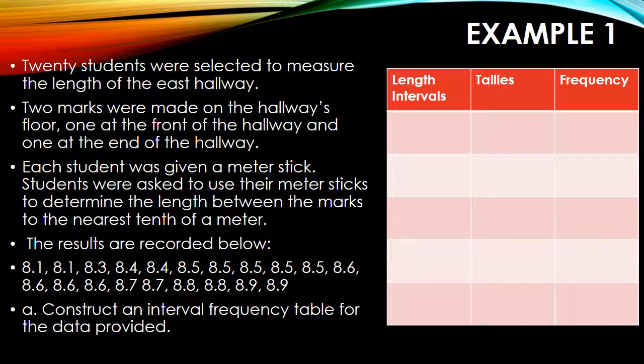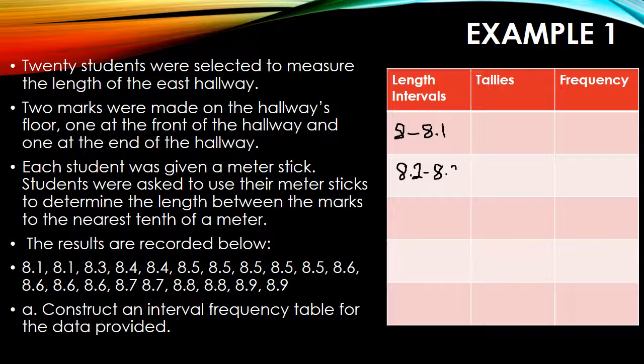So let's start by maybe starting with 8 to 8.1. So this is my first interval, all data points from 8 to 8.1. And then my second interval is from 8.2, because 8.2 comes after 8.1, to 8.3.